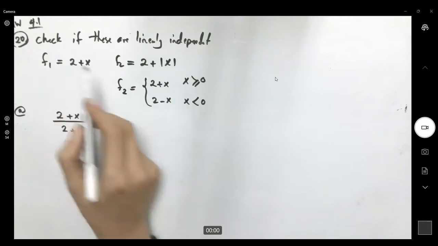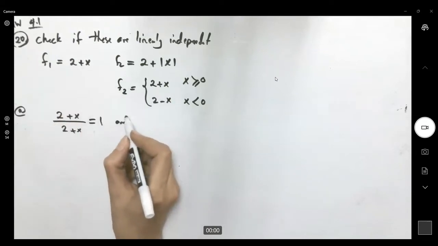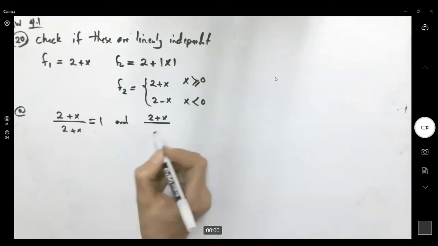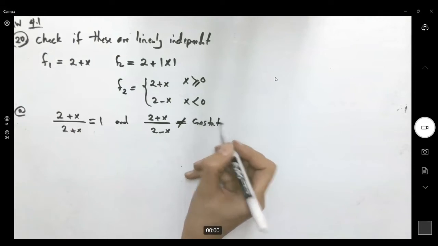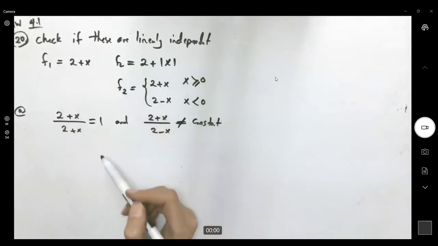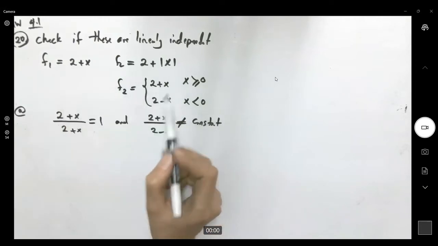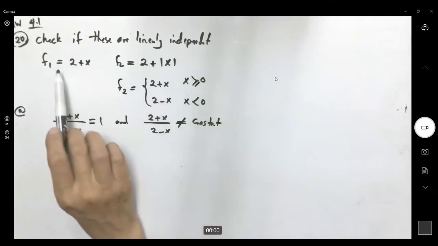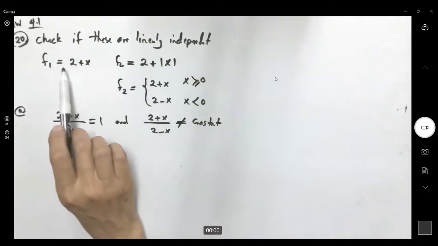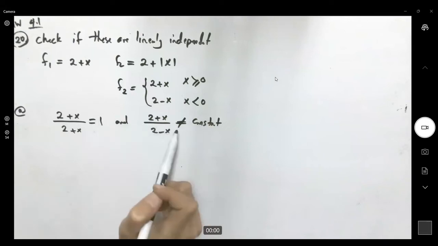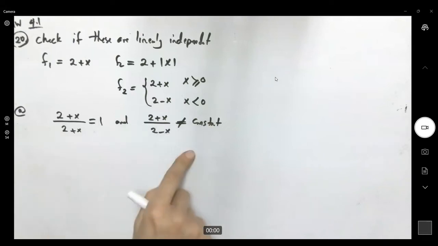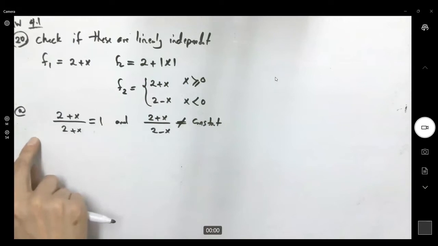We have to divide this by 2 minus x as well. 2 plus x divided by 2 minus x, which is not a constant. We can take any other linear combination. Since these two are different from each other, any division forming any ratio doesn't give us a constant for both of the cases. So by looking at the ratio, you can say that it seems like they are linearly independent from each other.